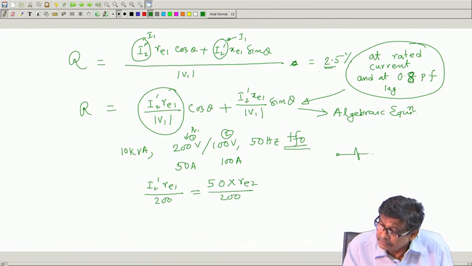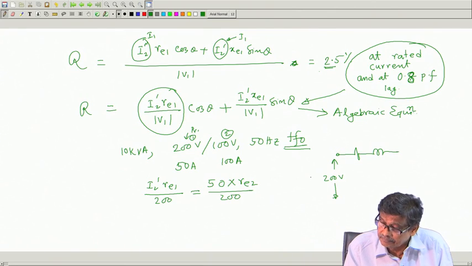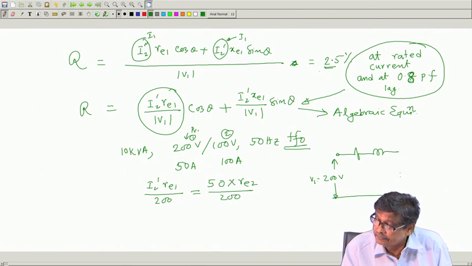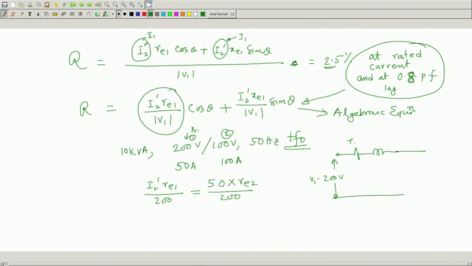If you look at it, here is your V 1, 200 volt, and this is your R e 1, X e 1, and rated current is 50 ampere, is it not? Load is connected here, whatever it is. Therefore, what does this I 2 dash R e 1 mean?